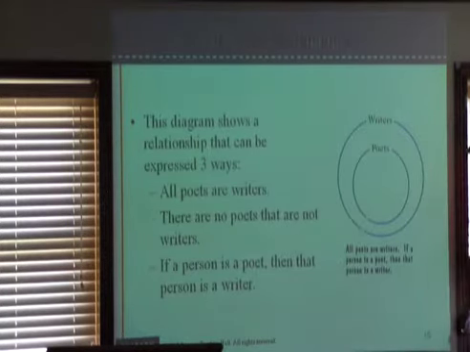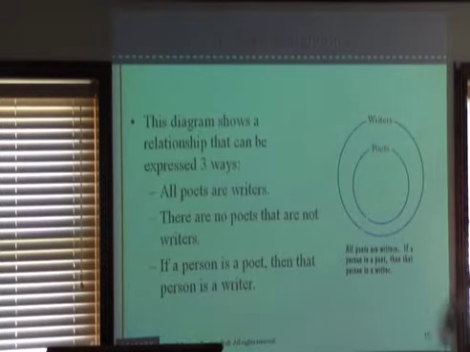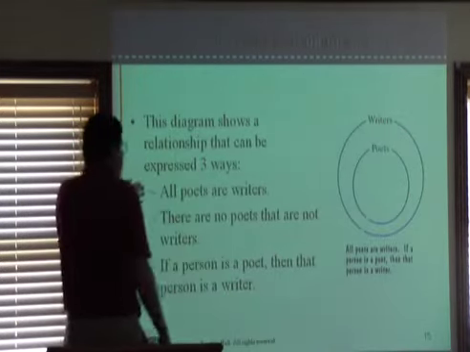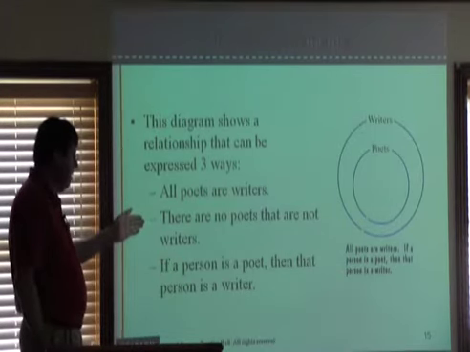All right, here's a diagram. I've got writers and I have poets. All right, all poets are writers. If a person is a poet, then that person is a writer. Very easy to understand with set theory. Okay. Now you could express this in different ways. You could say all poets are writers. There are no poets that are not writers.